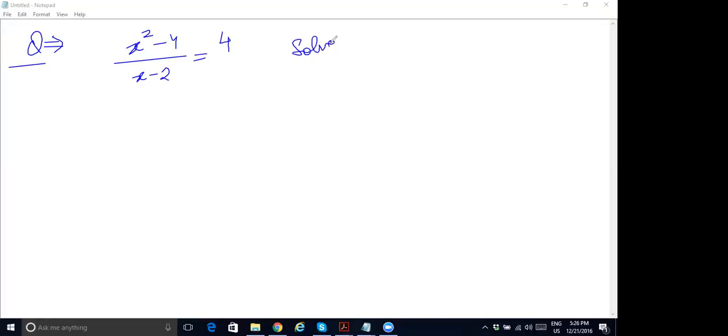The question is solve for x. We are given 5 options: plus 2, minus 2, plus 4, 0, and cannot be determined.